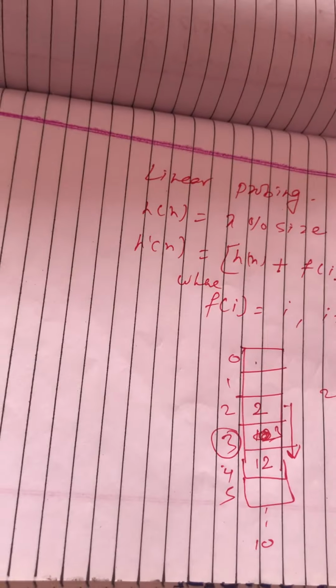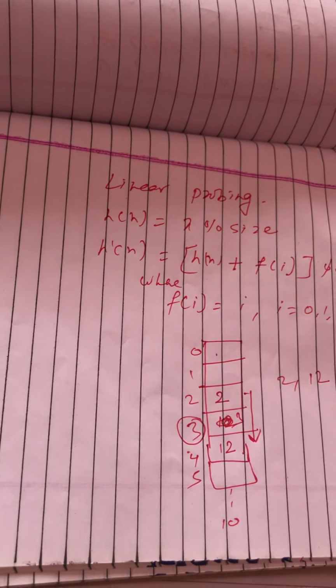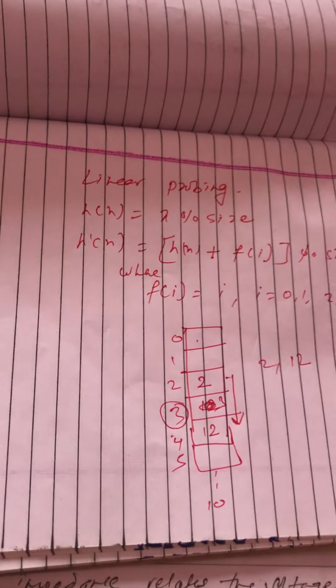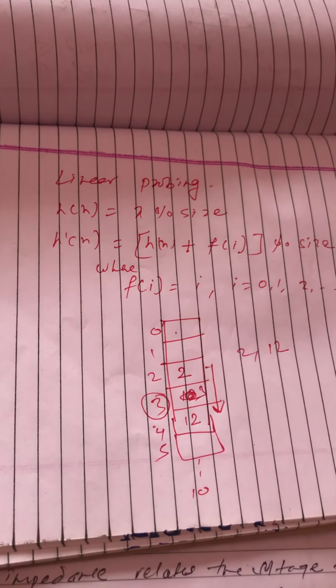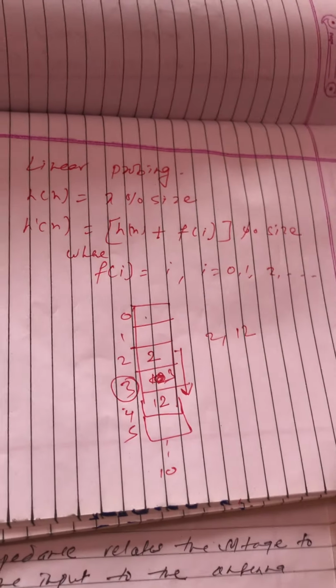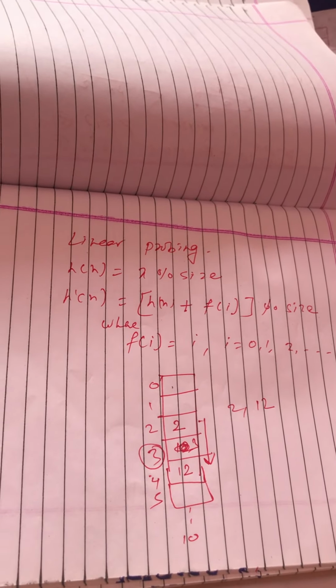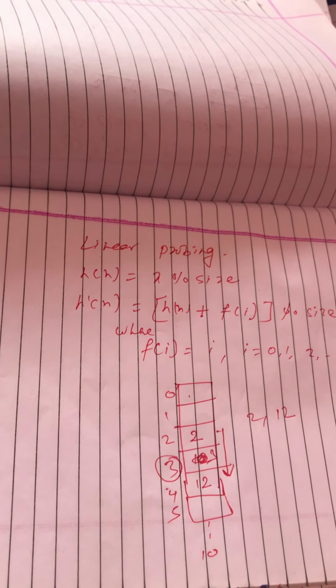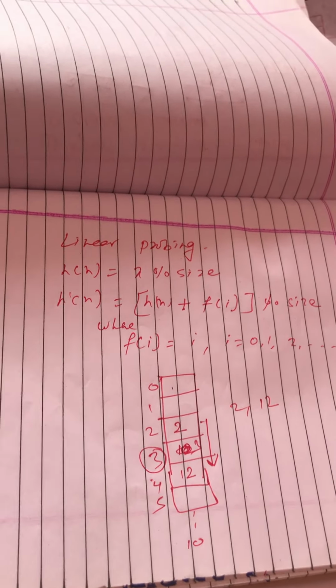For searching, the complexity will not be exactly O(1) in this case, because we have to search other indexes also, so it will be slightly more than O(1), but far less than O(log n). So linear probing is also good.